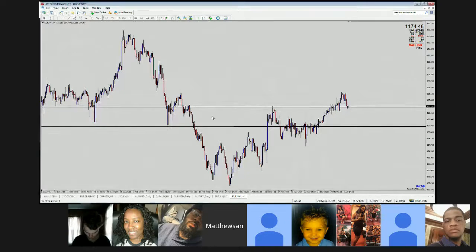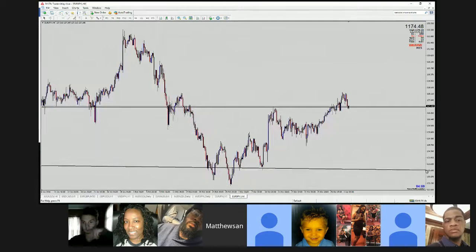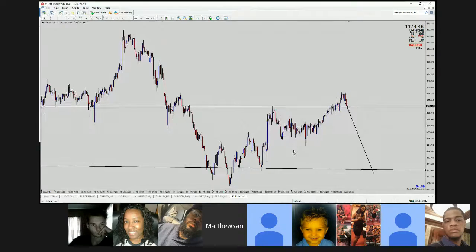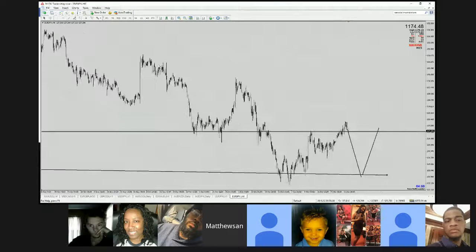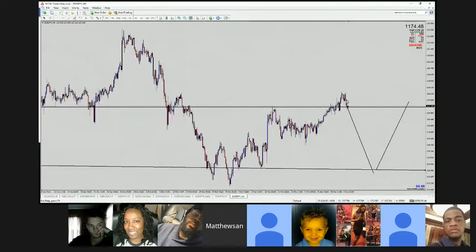What I could see happening is this, and solely because it made a move here and then a move here, you could see it coming back down to this area again. EJ looks like it's going to come back down to touch this area again, and then come back up.